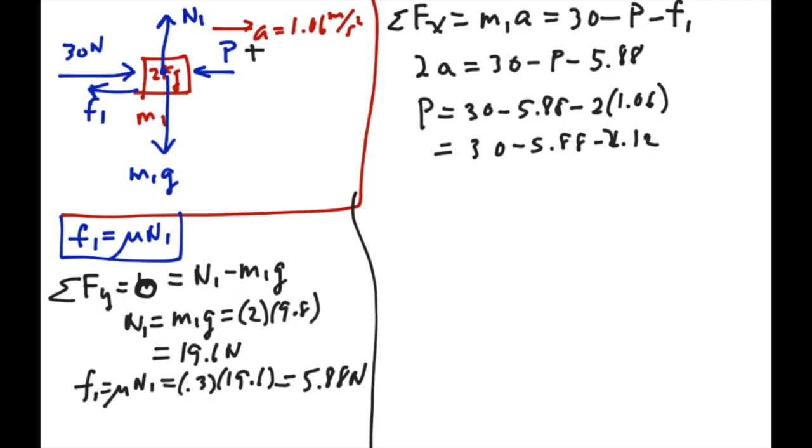So 30 minus 8 gives us 22 newtons. So the pushing force of block 2 on block 1 is 22 newtons, and for that matter, the pushing force of block 1 on block 2 is also 22 newtons. They're equal and opposite according to Newton's third law, and so they should have the same magnitude. But this is the force that we were asked to find, 22 newtons.